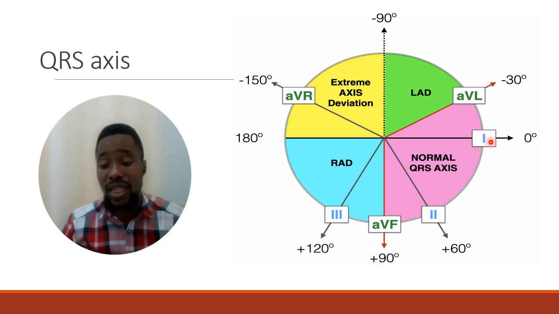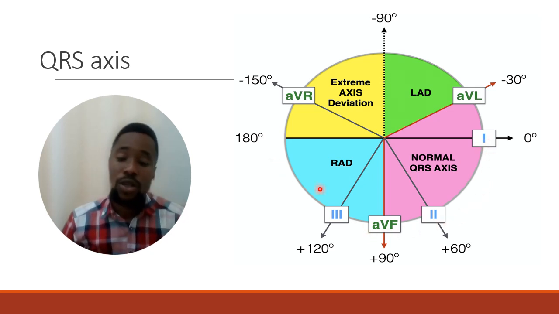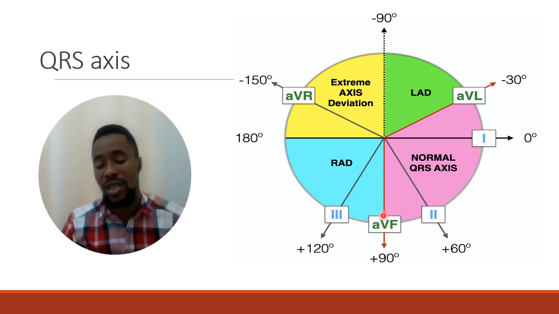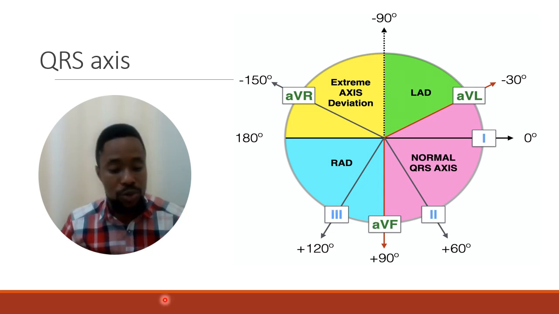If my lead 1 is negative, I'll be going like this. So for example, if I have a perfect biphasic in AVF and my lead 1 is negative, not positive, I'll go this way. That's 180, and that's right axis deviation.